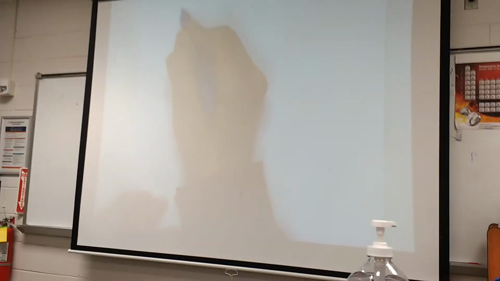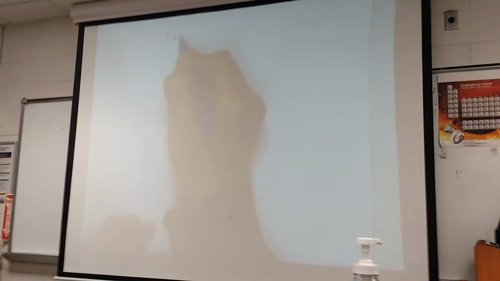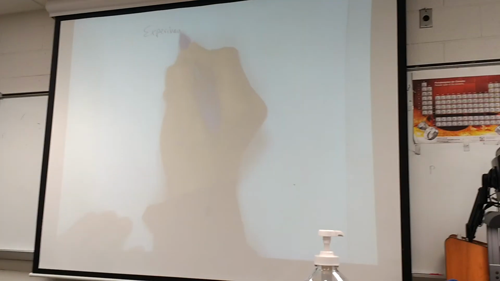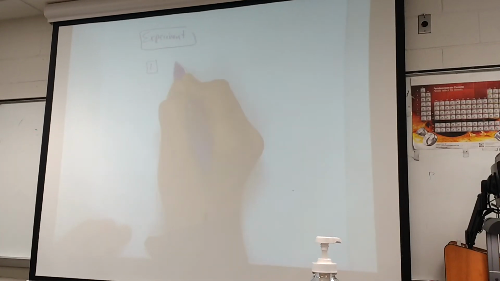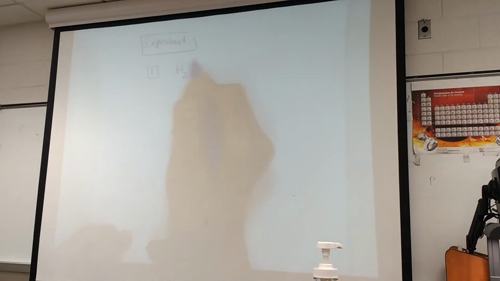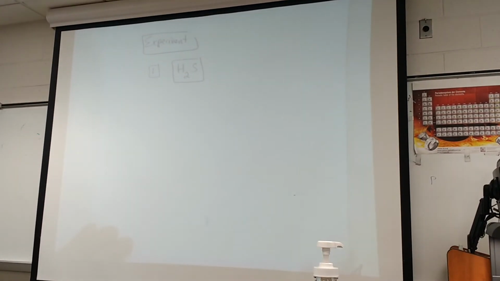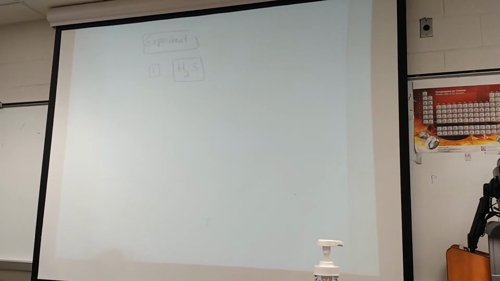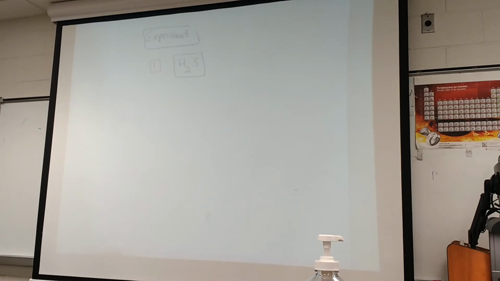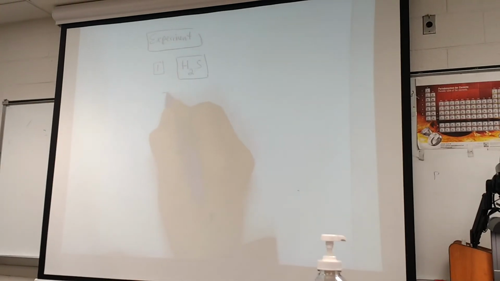So first here, that's the experiment, correct? We have to get H2S. The first thing here, we have to calculate the total VEs, correct? So what is the total VEs?